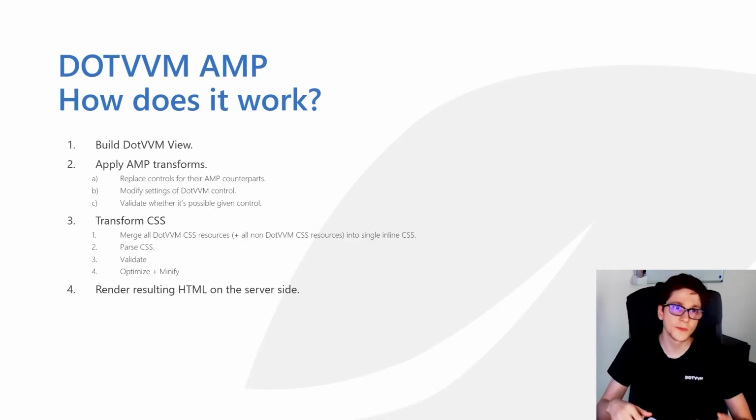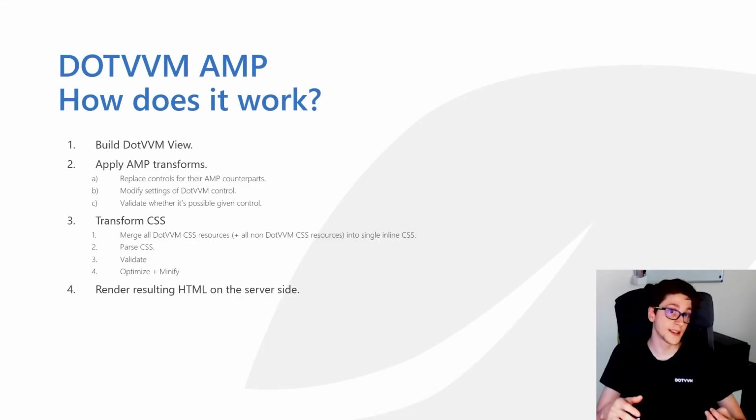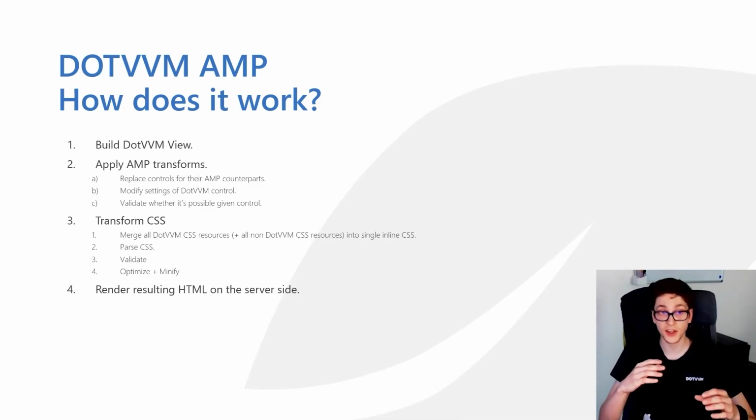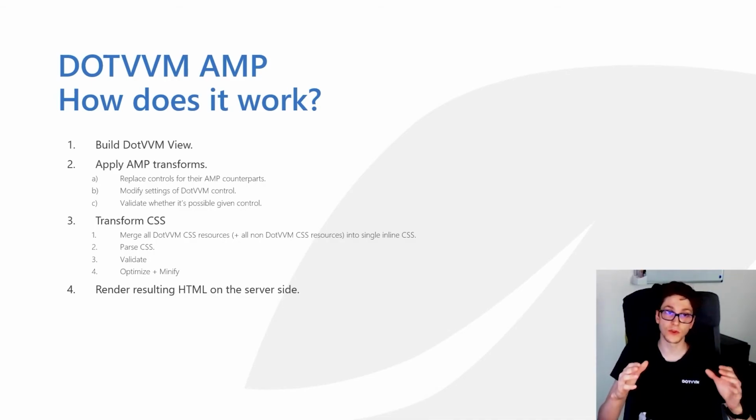So how does it work under the hood? It extends the classical .vm view building. So at the beginning of each request you just load your .html and build your control tree from it, and in normal .vm you would now just send it to the server with all knockout bindings and so on. In the AMP version there are some additional operations done here. Firstly, we apply the AMP transformations.